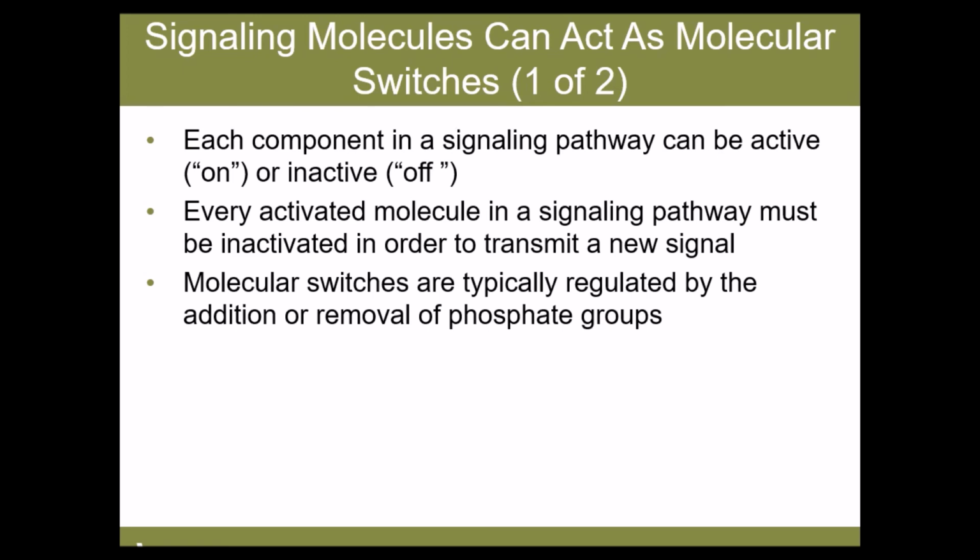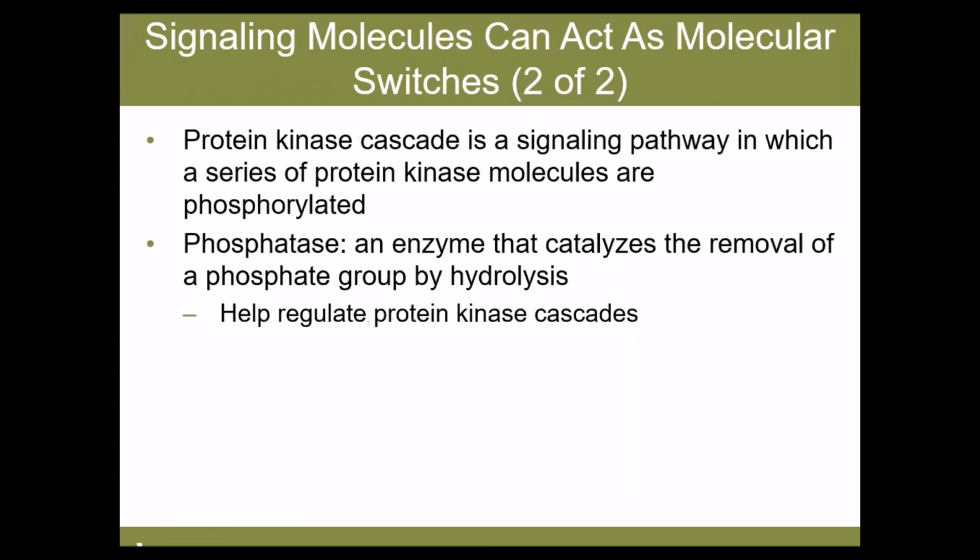Each of those reactions will either be an active molecule or an inactive molecule. The active one is considered to be on, and that's going to continue the amplification process. If it's off, then it doesn't continue amplifying the signal. So they're referred to a lot of times as molecular switches. They have to either be turned on or turned off.